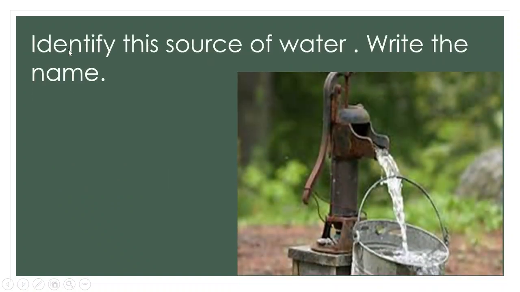If I tell you to identify this source of water and write the name, I think you can. Most of you have seen this instrument by which we get water from ground. This thing is helpful to us while taking water from the ground and passing it to us.